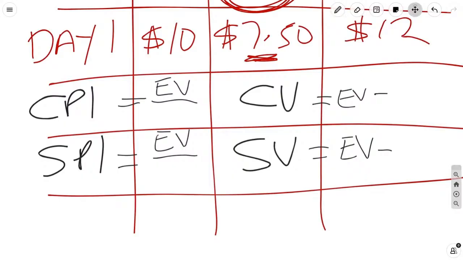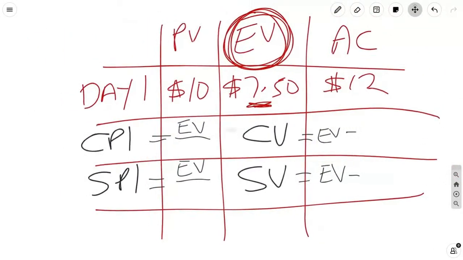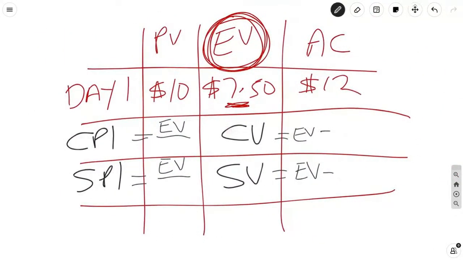Now watch this. Where we have a C for cost, the variable that goes in is actual cost. So we put actual cost here and actual cost here. When we're dealing with the schedule, because remember I said the schedule is the planned value, what you planned, right?